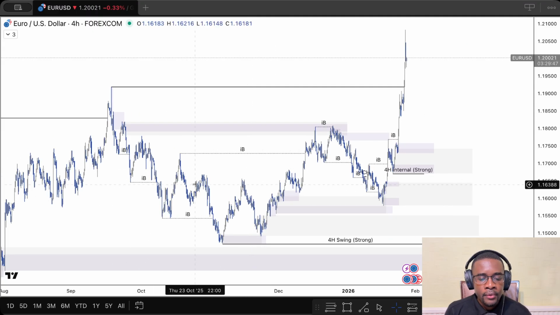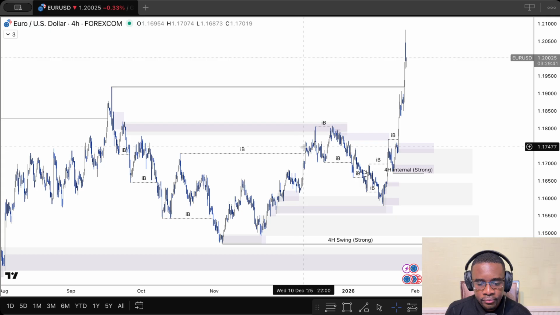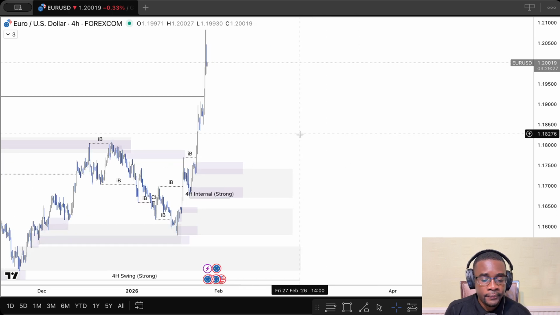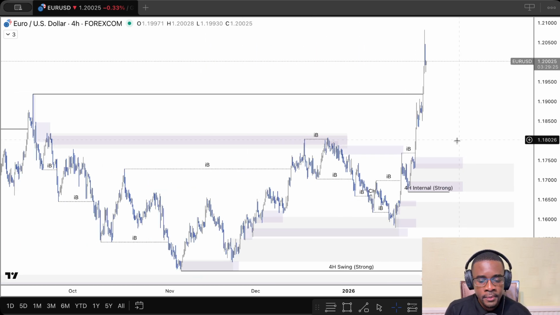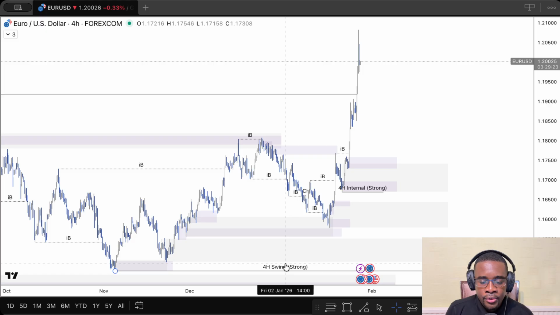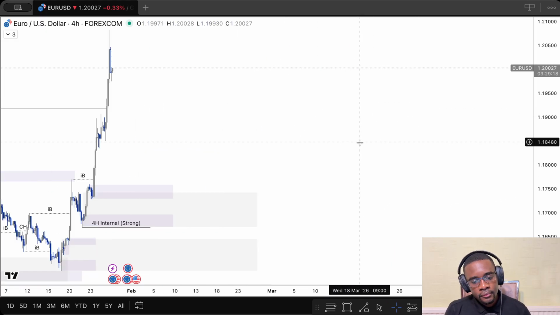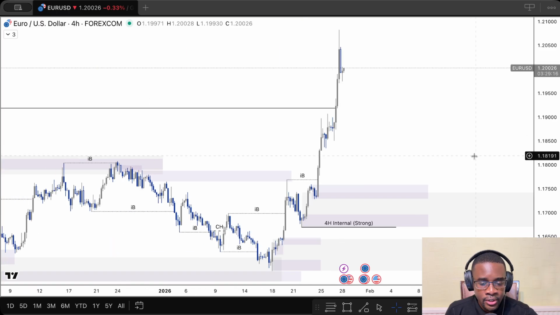Once we had this larger internal move, which was broken there, the range started to tighten up and become smaller and smaller. Now the range has expanded again, but our swing is bullish and our internal is bullish.